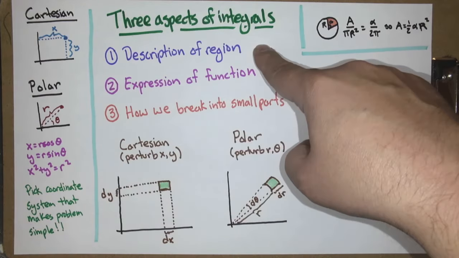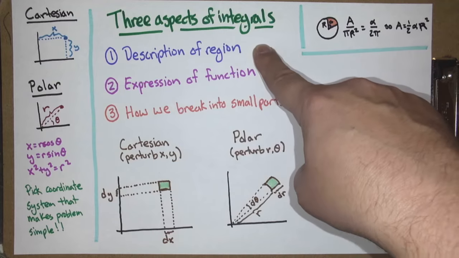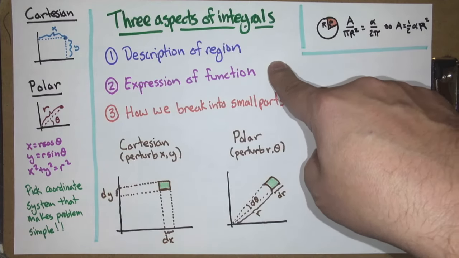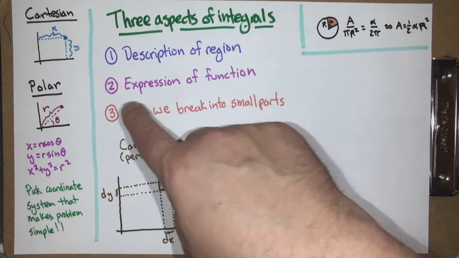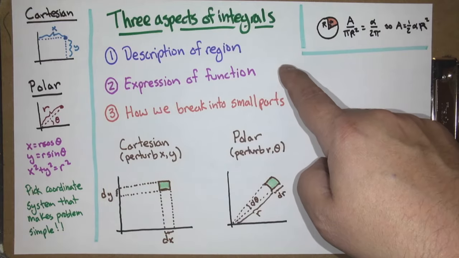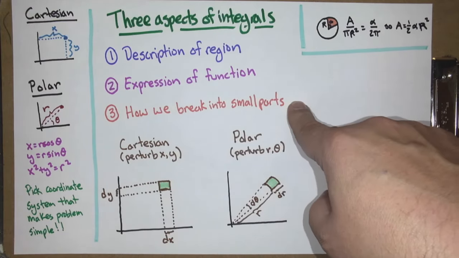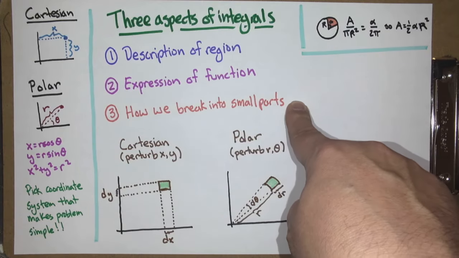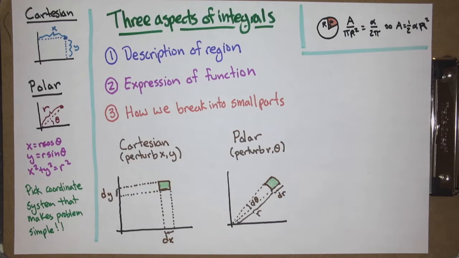So that can depend on our coordinate system. We have to express the function. If we are in the Cartesian coordinates, we express things in terms of x and y. If we're in polar, we express things in terms of r and theta. And the third thing, which is easy to forget about but super important, is we have to think about how we break things into small parts, because integration is about breaking things into small parts and adding them up together.